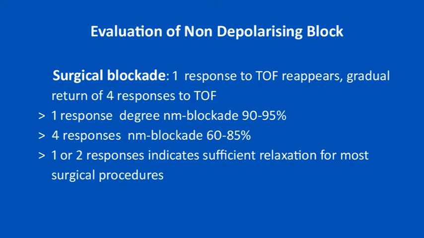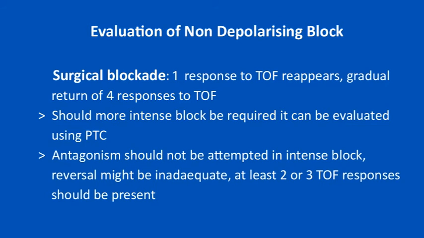If we have one response, the degree of neuromuscular blockade is 90 to 95%. When we have 4 responses, the neuromuscular blockade is around 60 to 85%. One or 2 responses indicate sufficient relaxation for most surgical procedures. When we require more intense block, it can be evaluated using post-tetanic count.